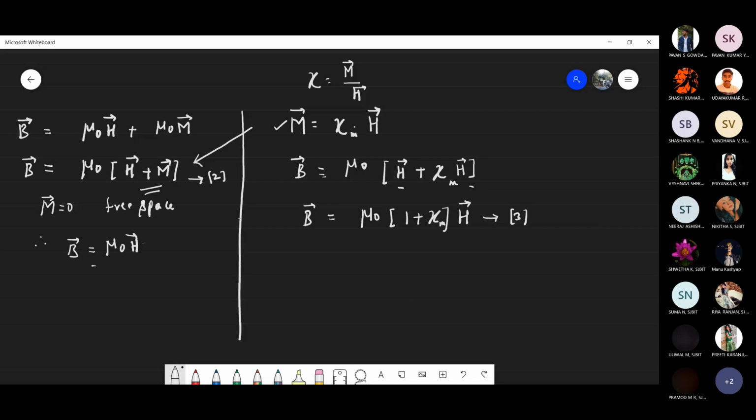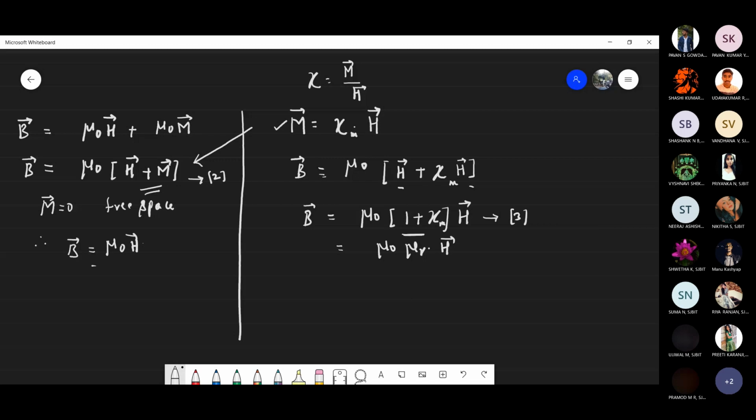How does this equation look? Does it look like B is equal to mu naught mu R into H?